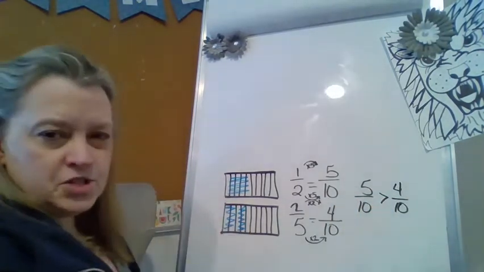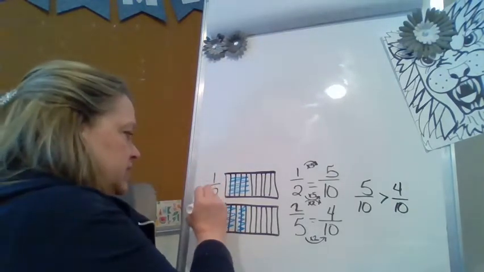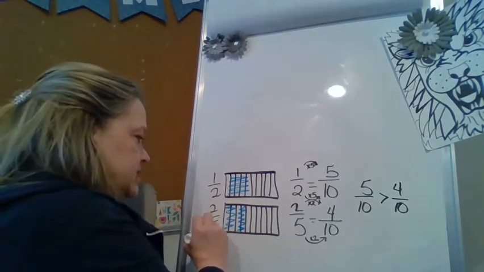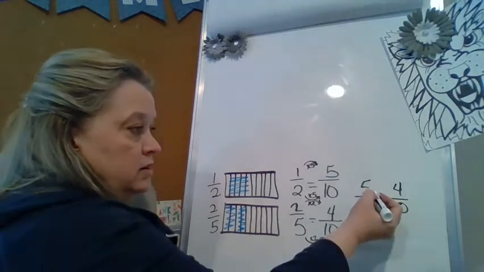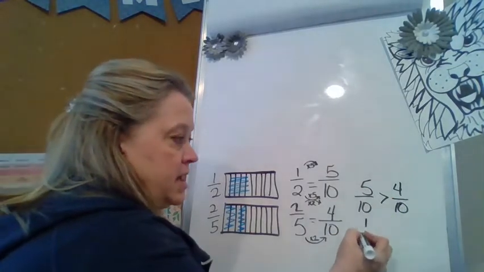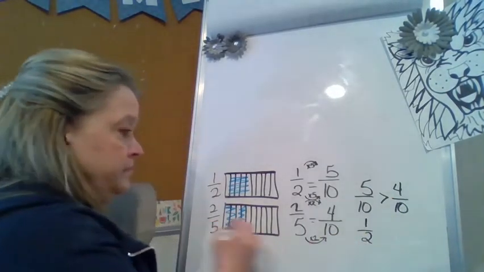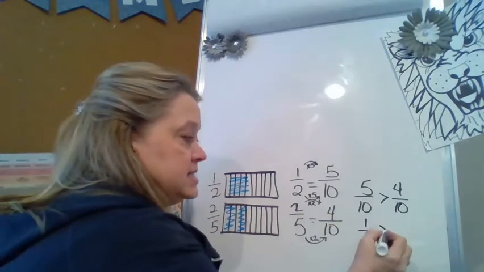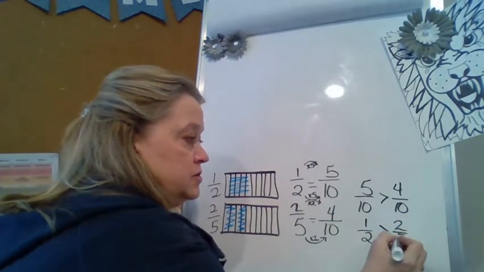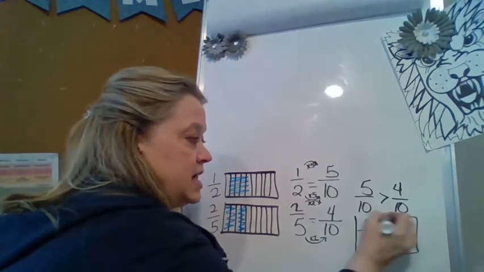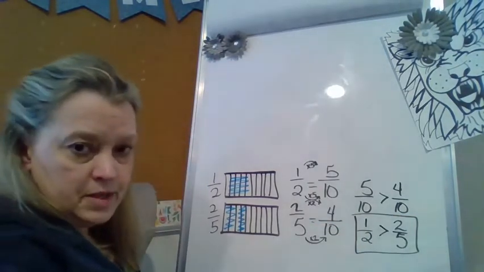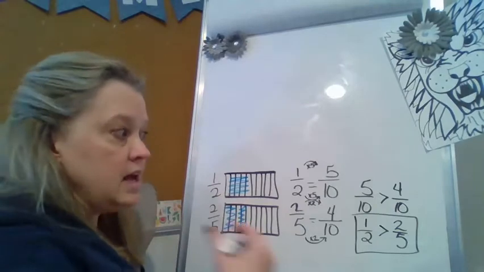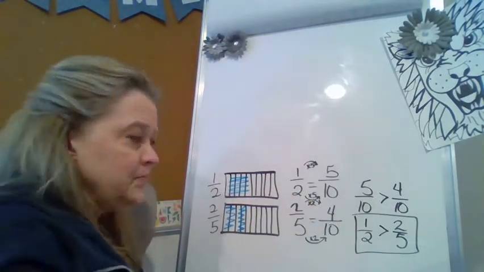But that's not the original fractions we were looking at. Originally, we were looking at 1/2 and 2/5. Well, 5/10 is the same as 1/2, and 4/10 is the same as 2/5. So here is how we are able to determine that they can be compared and 1/2 is greater.